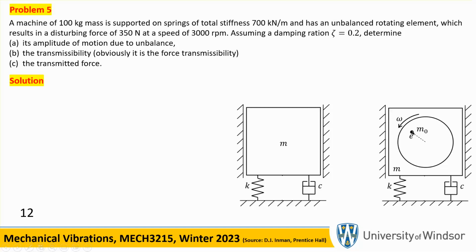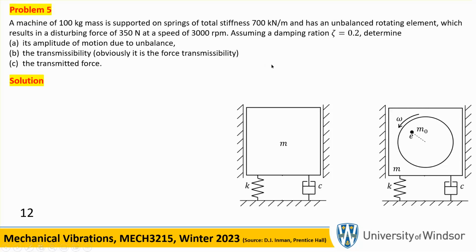What we are told is that whatever this thing is doing, and that is causing a vertical oscillation, is going to give you a harmonic load of magnitude 350 newton, amplitude 350 newton. So, although it is a rotating unbalanced problem, I'm not going to solve it like that.